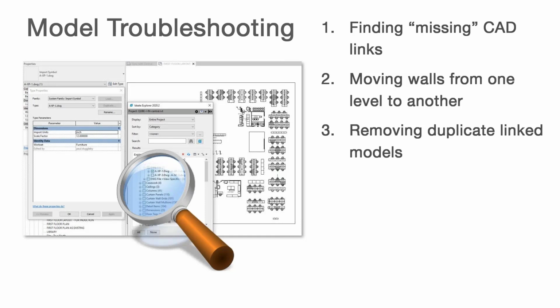Sometimes this might be because of a design change and another level's been added to the project, and we need to move some elements that exist on one level up to the next level. Using Ideate Explorer it's very easy to select those elements that are on that level and move them, if Revit lets us. Some categories are easier to move than others, but at least using the tool we can see how many elements are actually assigned to those levels.